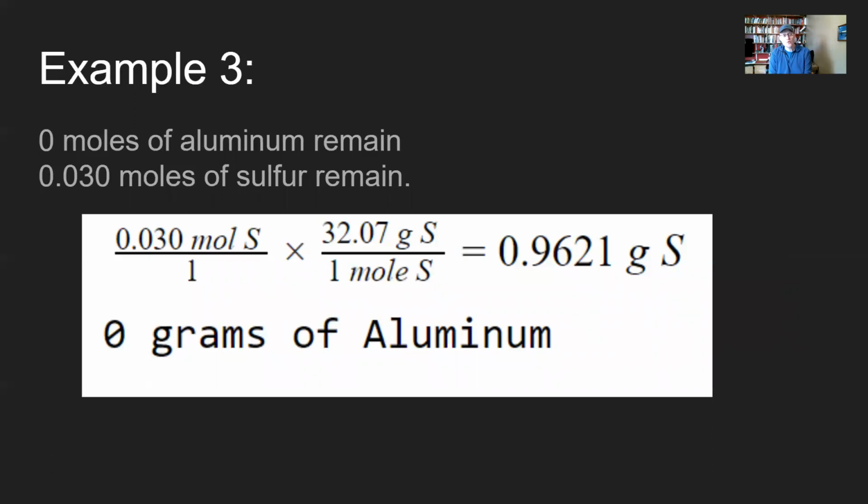I didn't even have to show any work for that because 0 times whatever is still going to be 0 grams. The 0.030 moles of sulfur gets converted by multiplying it by the molar mass of 32.07 and gives us 0.9621 grams of sulfur. If you wrote down 0.96 grams, that would have been just fine.